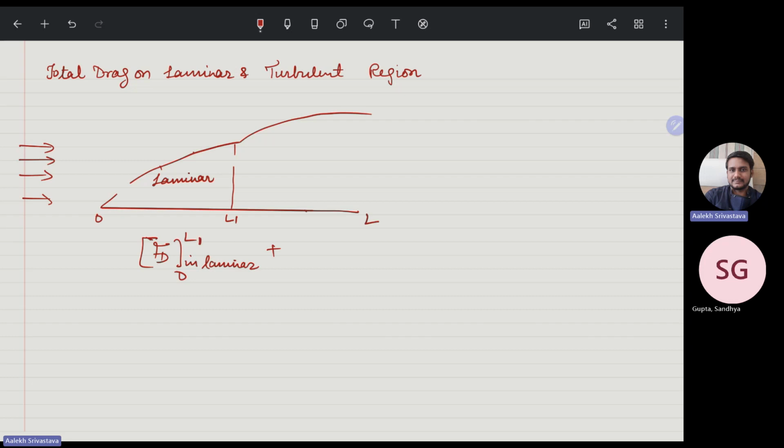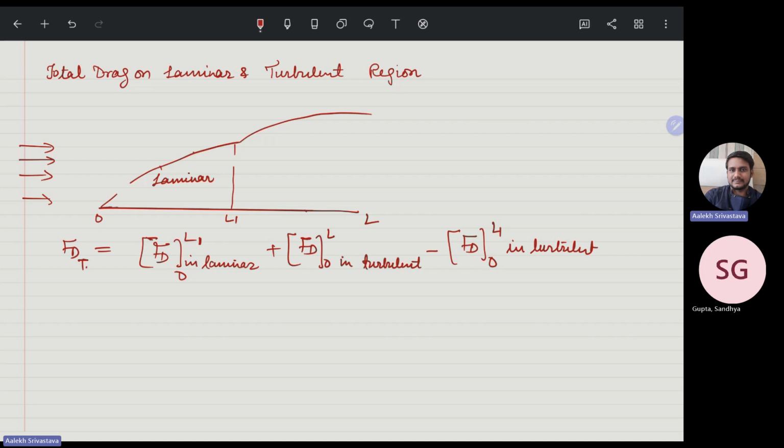So the laminar region is 0 to L1, plus the force of drag over the whole length 0 to L in turbulent, minus the force of drag in this 0 to L1 in turbulent. This is the total drag that will be obtained if we have a mixed region.